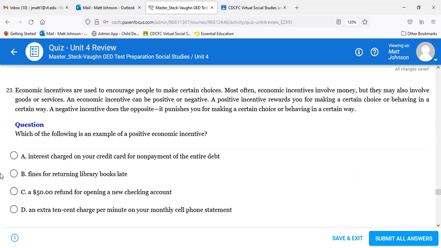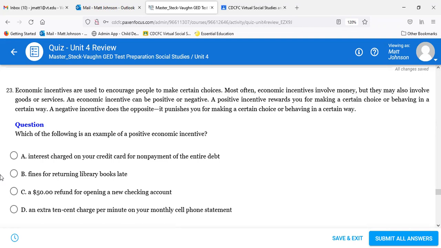Let's go to Nilda. How about reading 23 for us? Which of the following is an example of a positive economic incentive? A, interest charged on your credit card for non-payment of the entire debt.